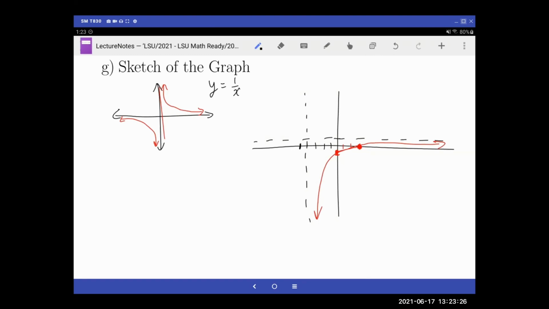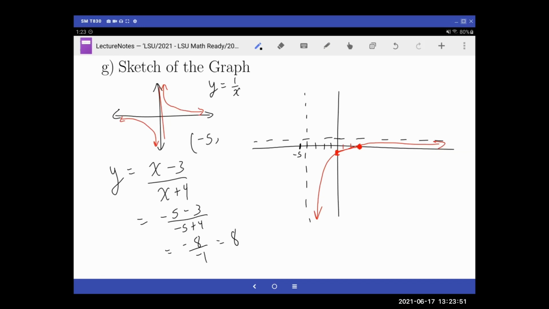So here you should just pick a point. This is -5. Plug in -5. That'll give you the y value for this point, a point that's to the left of the vertical asymptote. So that's going to be -8 over -1, which is +8.